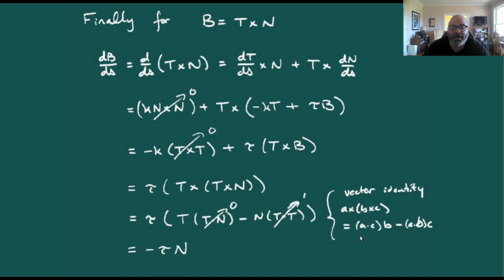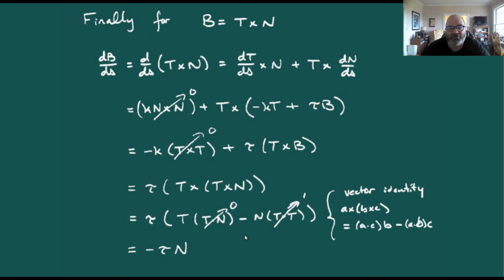If we apply that formula in this case, T dot N, these guys are orthogonal, so that's 0. T dot T is a unit vector, so that's 1. And so we end up with just the negative of our torsion times the unit normal vector.